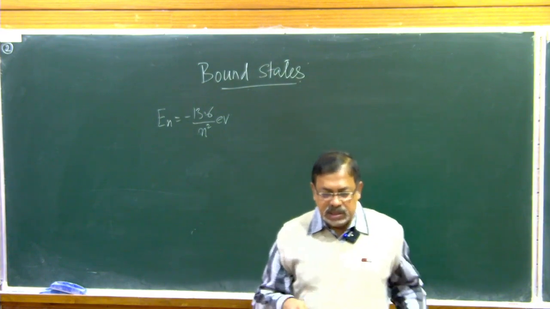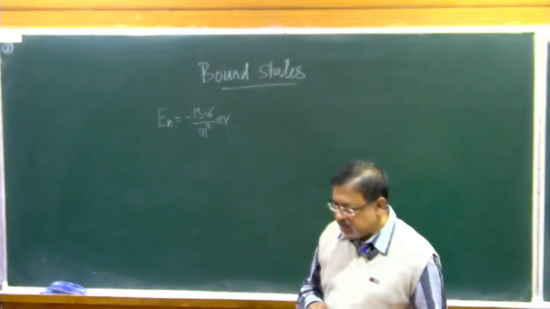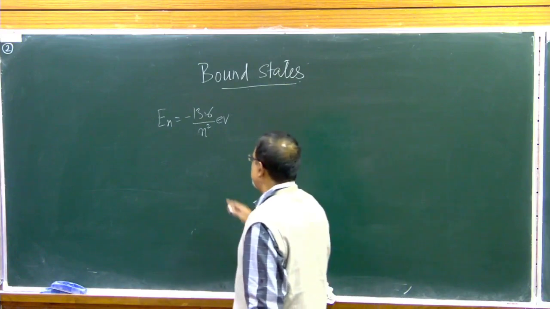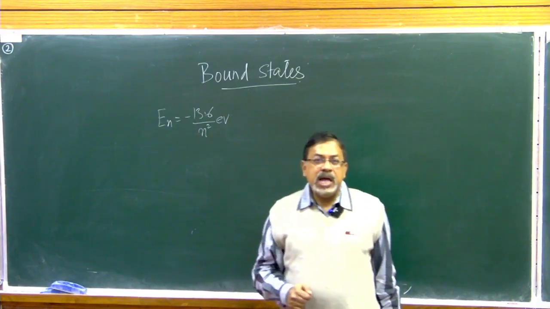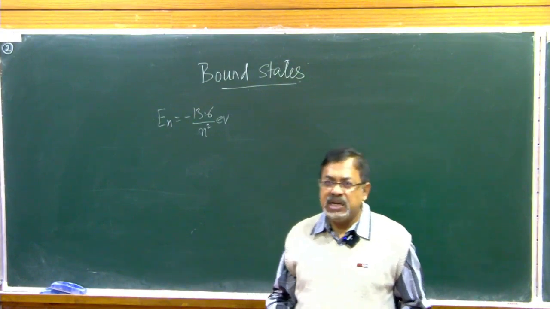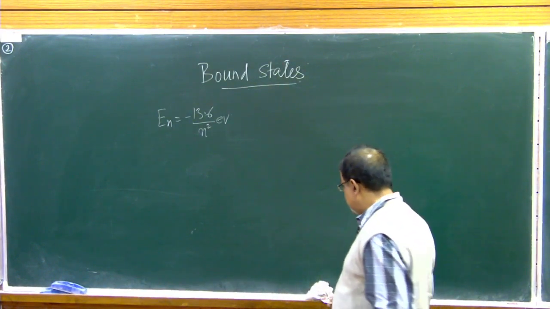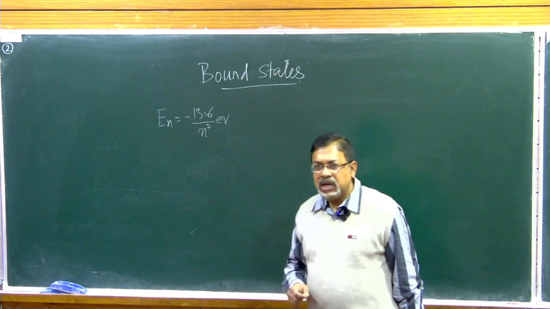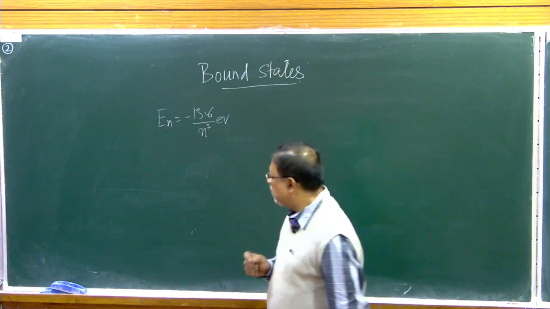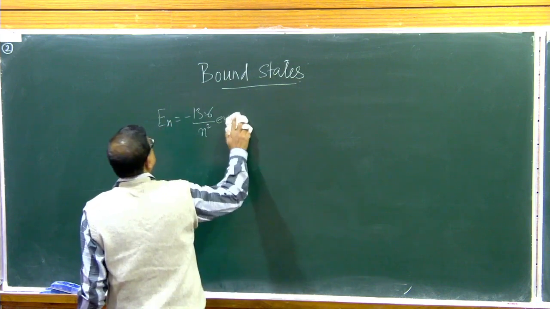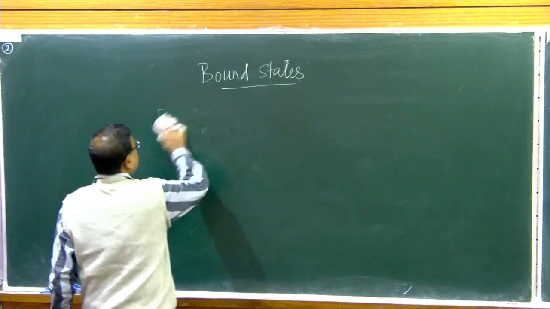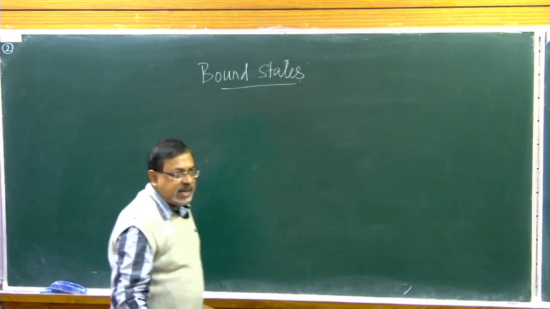In the ground state, which is the lowest energy state, with n equal to 1, it has an energy of minus 13.6 electron volt. This is a negative energy, and it corresponds to a bound state. That is why we want to understand bound states and find them in a quantum mechanical problem by solving the Schrodinger equation.